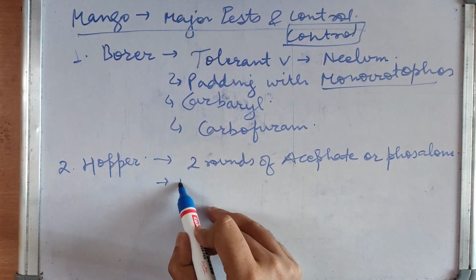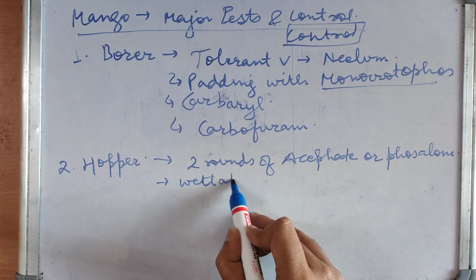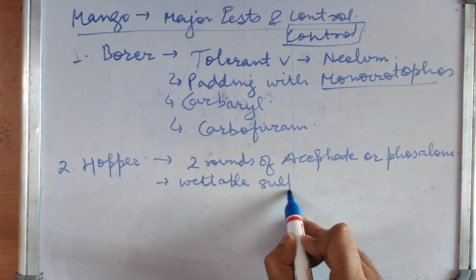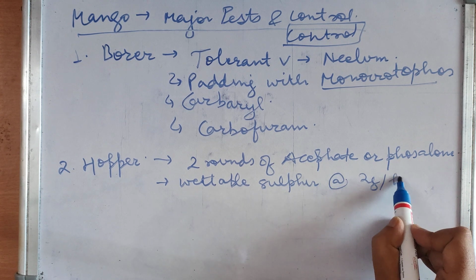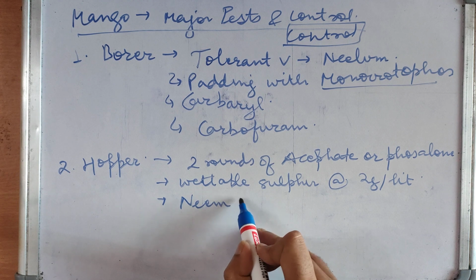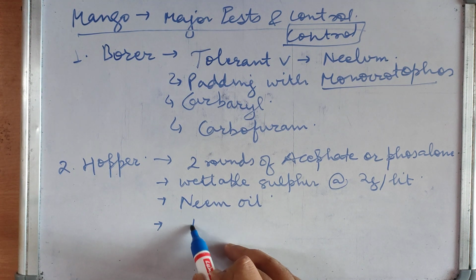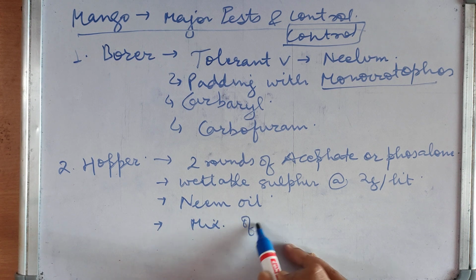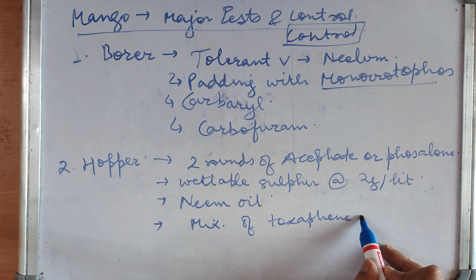We can use vegetable sulfur at the rate of 2 gram per liter. We can use neem oil as insecticide. We can use a mixture of toxaphene with sulfur.